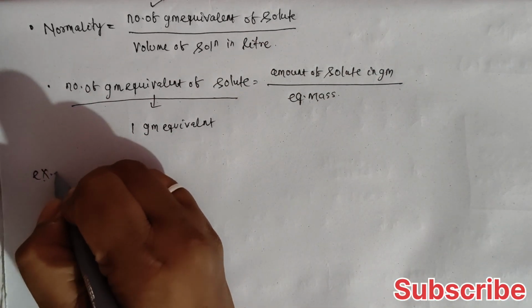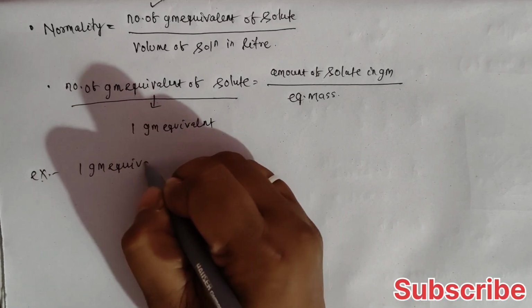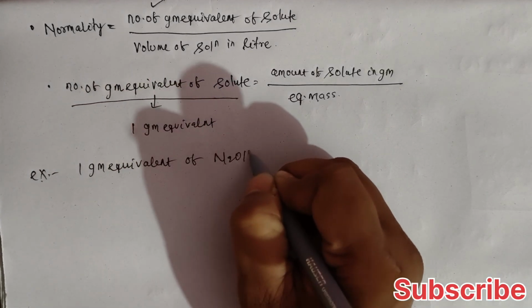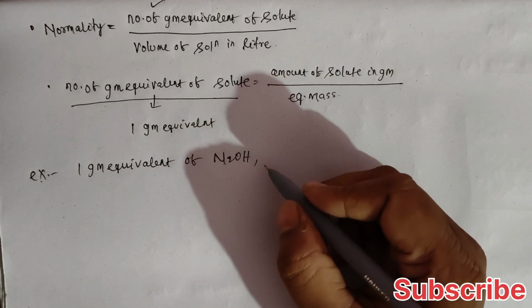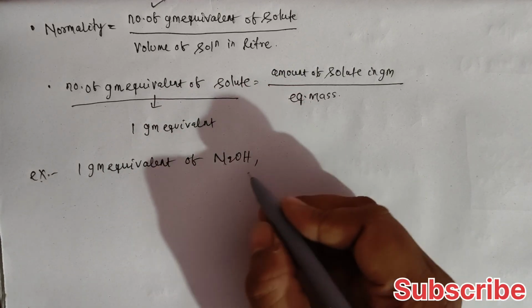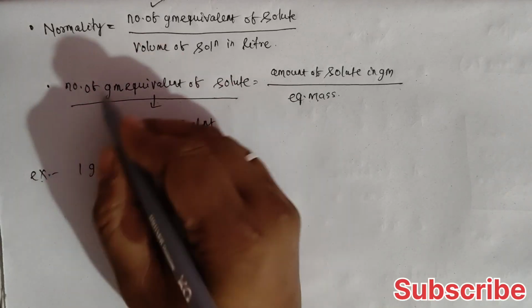If I have to take 1 gram equivalent of sodium hydroxide, how can we measure it? 1 gram equivalent of sodium hydroxide means this term must be 1.